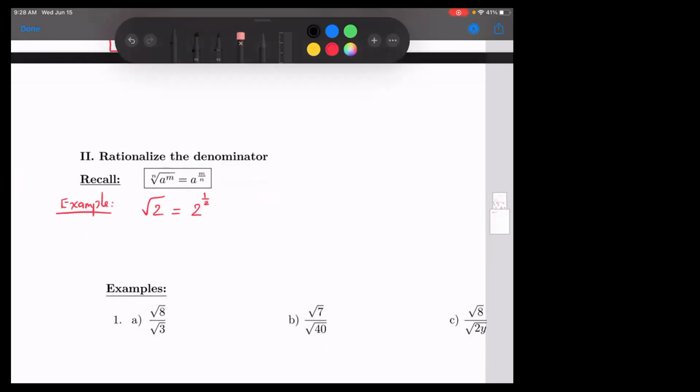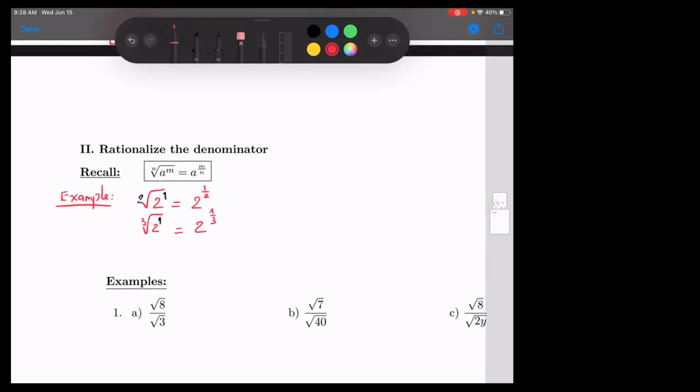Because here the power is 1, right? And then the invisible 2 out here, we don't see it, but it's there. What about the cube root of 2? Changed into a rational expression, it will be 2 to the 1/3.